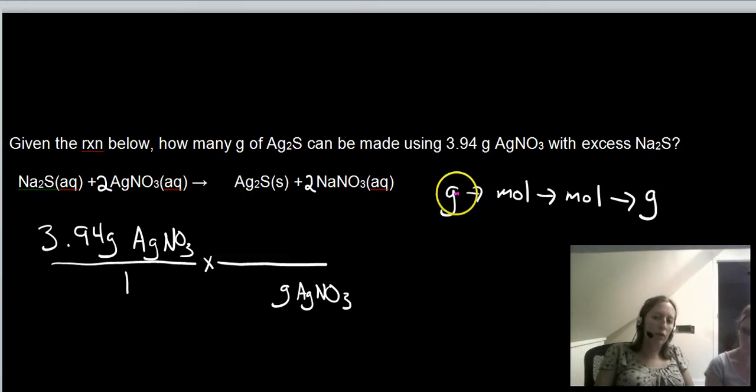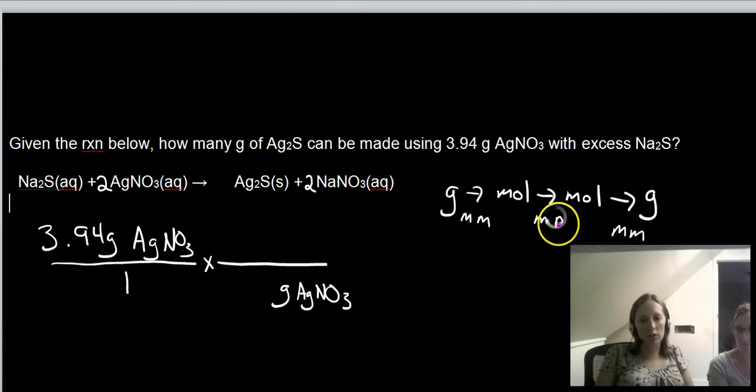To get from grams to moles, that's going to be your molar mass equality. And to get from moles to grams of this, that's your molar mass equality. To get from moles of the first compound to moles of the second compound, that is your mole ratio equality. And that is going to be the basic structure of our problem here.